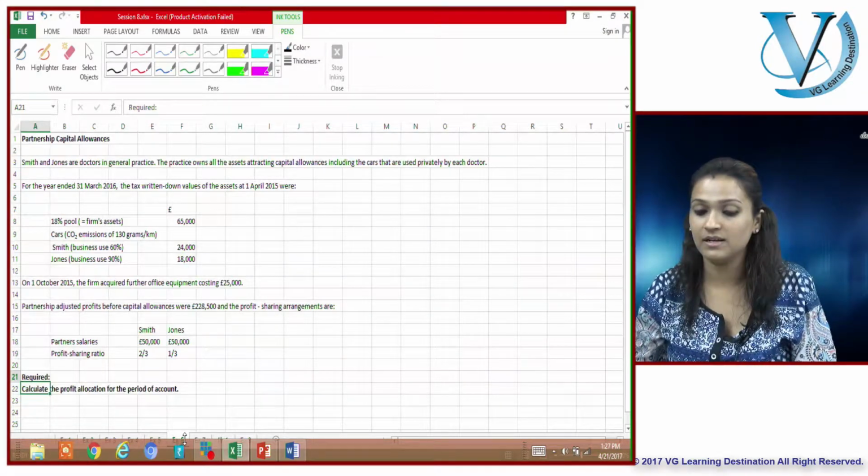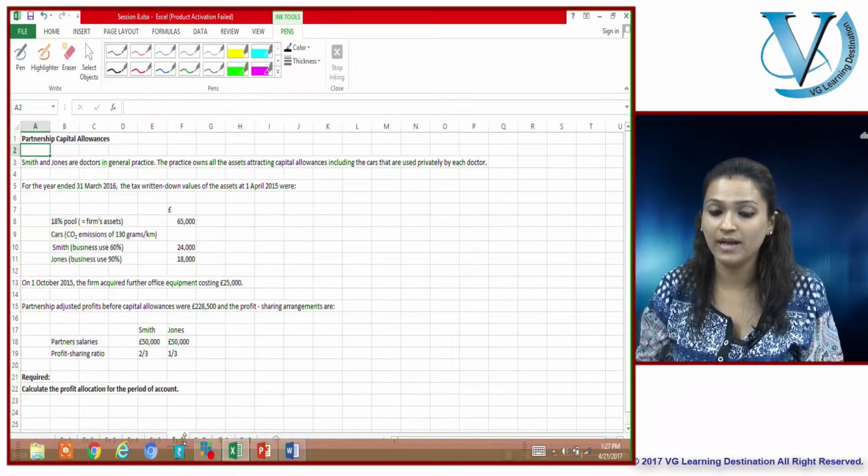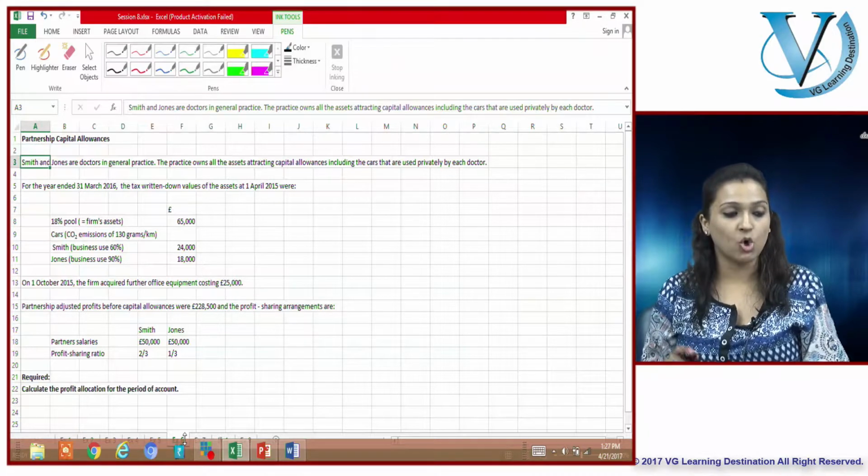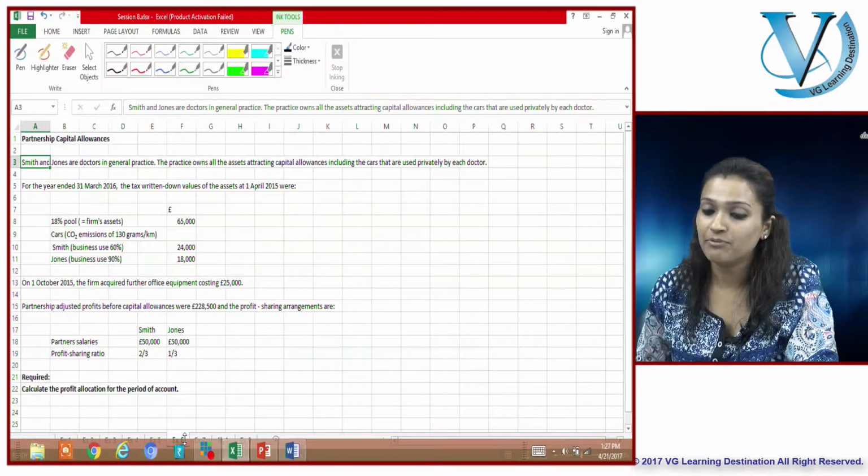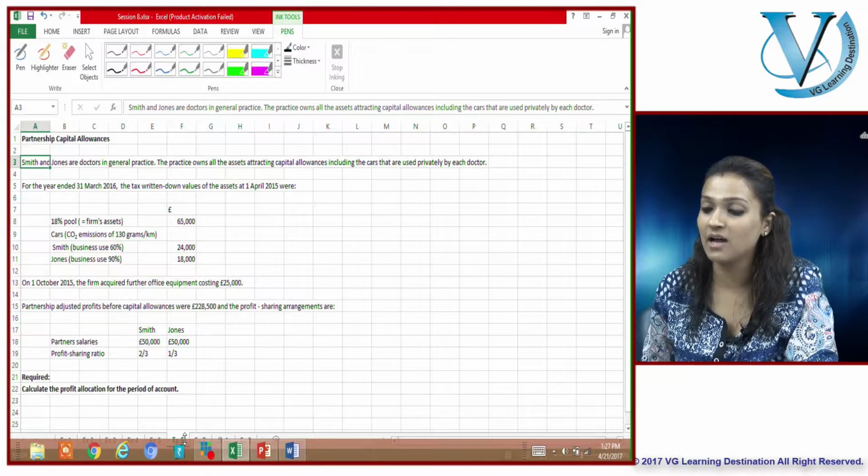So what do we have here? Smith and Jones are doctors in general practice. The practice owns all the assets attracting capital allowances, including the cars that are used privately by each doctor.